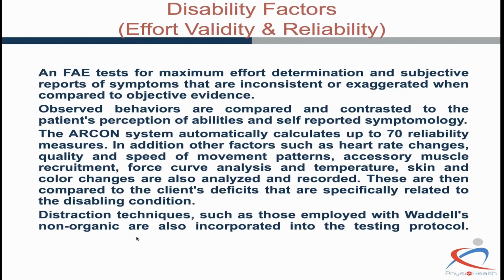And we also look at things like sitting tolerances and informal observations. If they're sitting in the waiting room filling out forms for 30 minutes, but yet they come in the room and after 5 minutes, they say they can't sit any longer. So we're comparing formal and informal observations. We're really looking at the whole scenario of how they perform during that assessment.